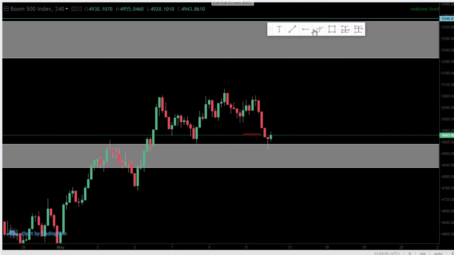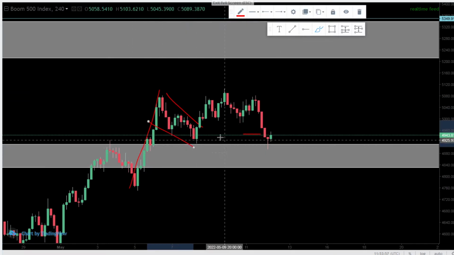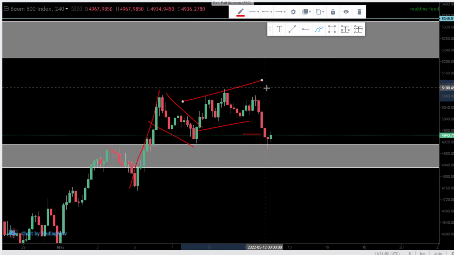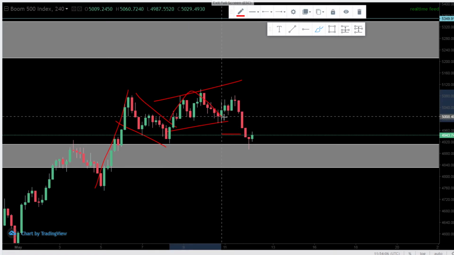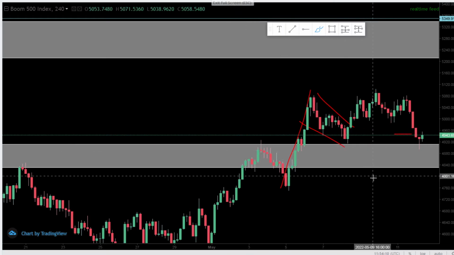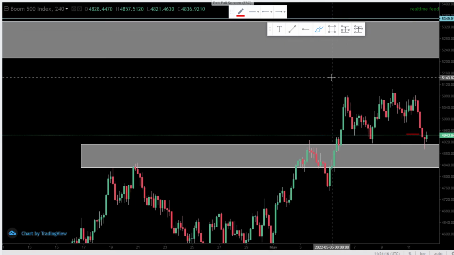So as you guys could see right here, we have this impulsive phase. There we have this descending corrective, and there you guys can see on price flow, price basically starting to move in this ascending corrective formation, and there we can see price come to the downside, right? So that's why I told you guys it's going to be the best to wait, right, for price to showing us that it wants to continue further to the upside.